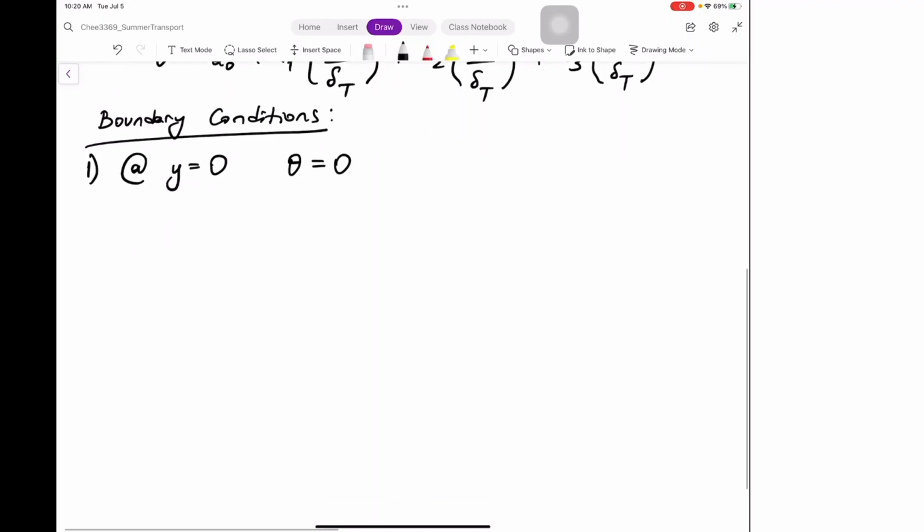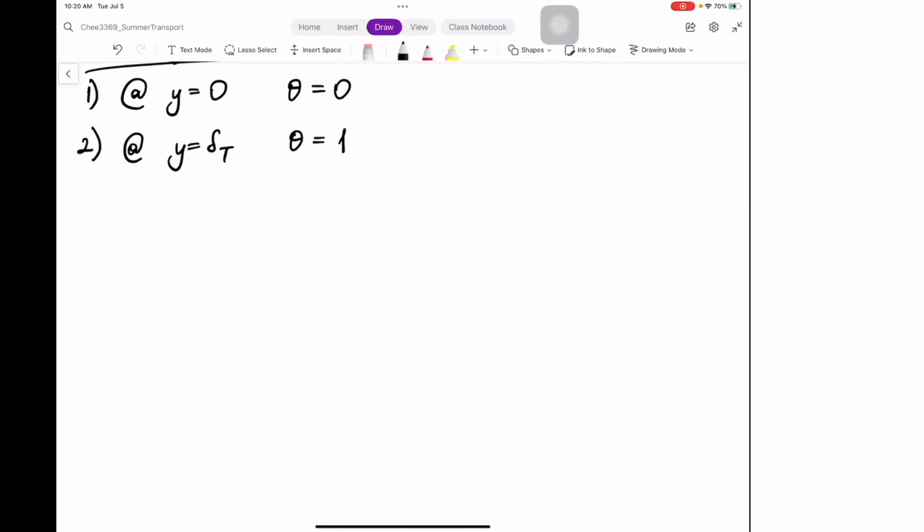The second boundary condition is at y is equal to delta t, theta is equal to 1, because that's T infinity minus T wall divided by T infinity minus T wall. And third, at y is equal to delta t, the temperature profile saturates, meaning that it doesn't change anymore. Del theta over del y is equal to 0.